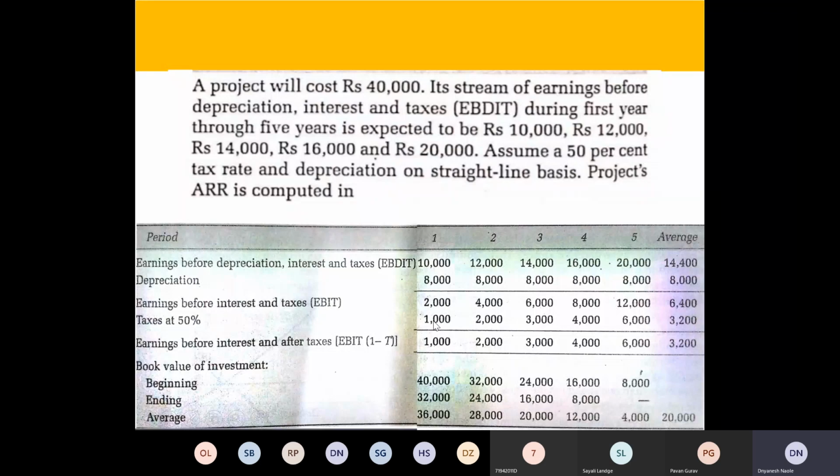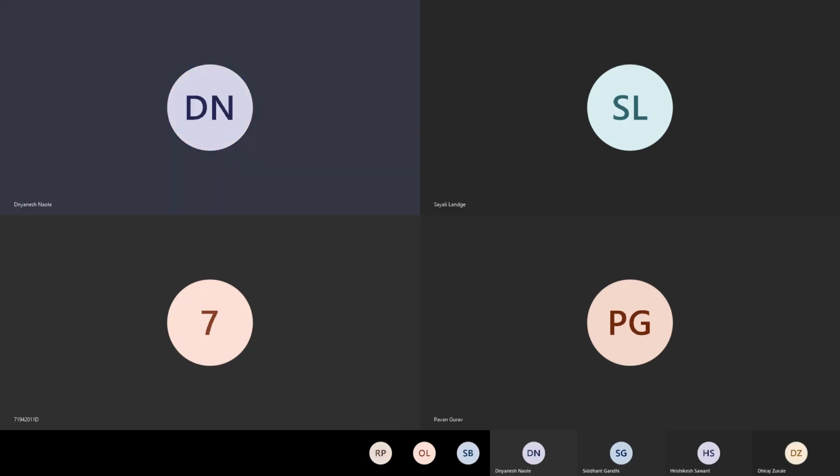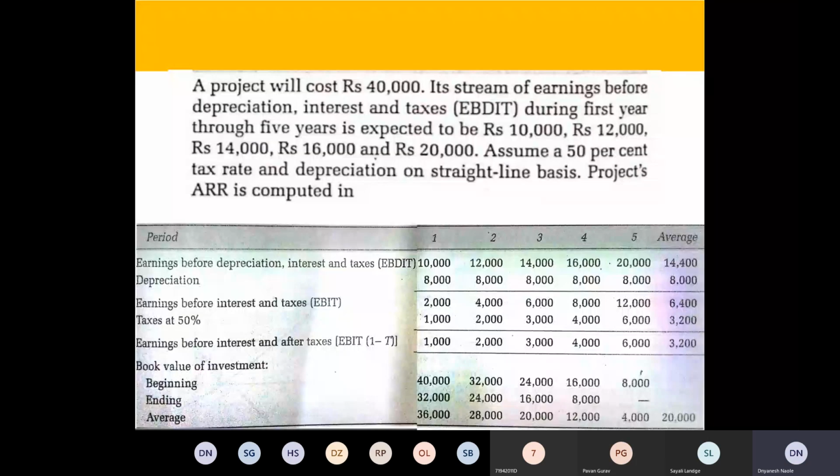Now here please remember, in case of this IRR method, what we are doing is we are considering the net operating profit after taxes.